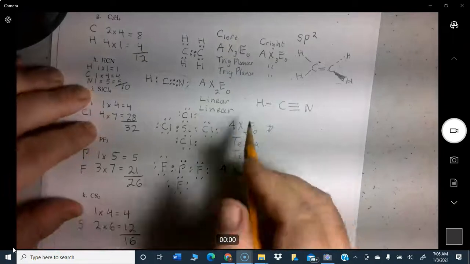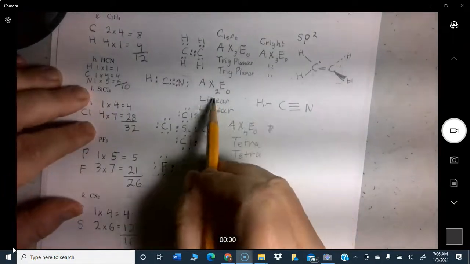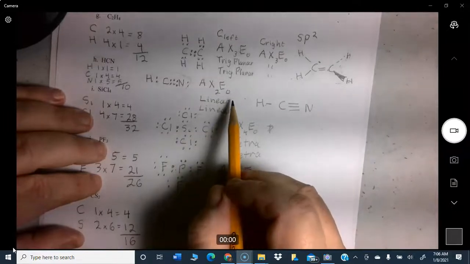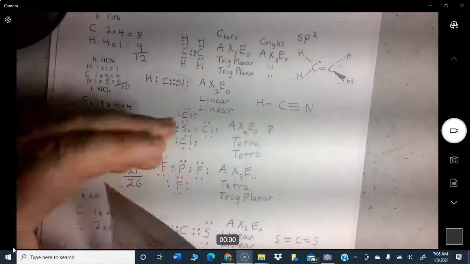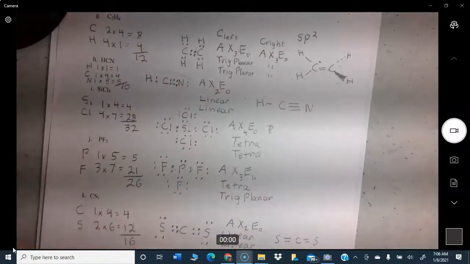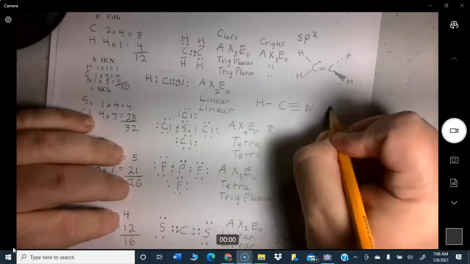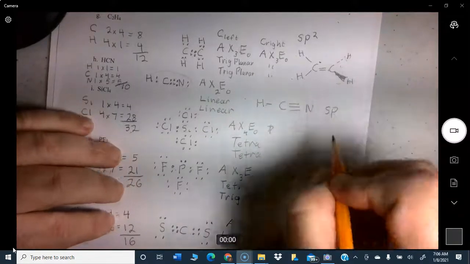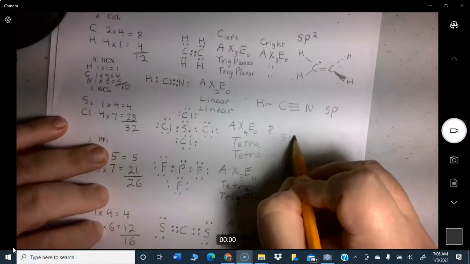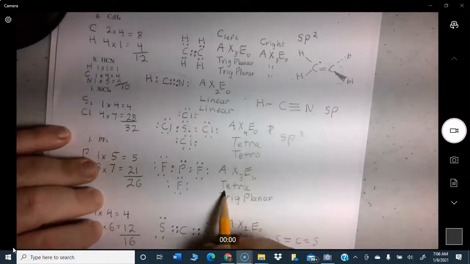Okay, this one is going to be AX2E0. So we come over here again, right there, and it's an sp. It's part of the linear, so it's just an s and the px. So I'll write that here. Okay, this is tetrahedral. That's sp3. Tetrahedral family.